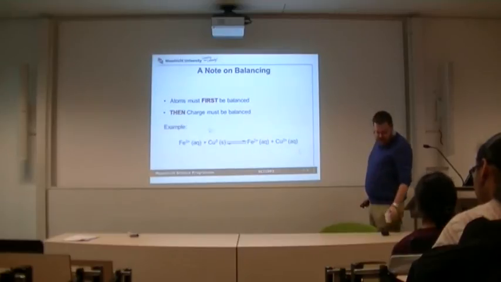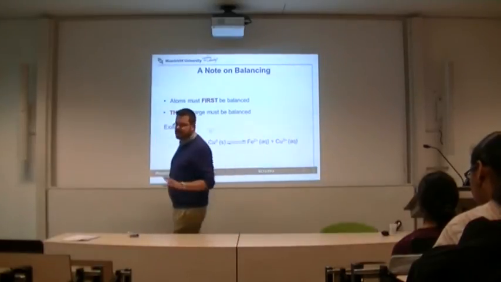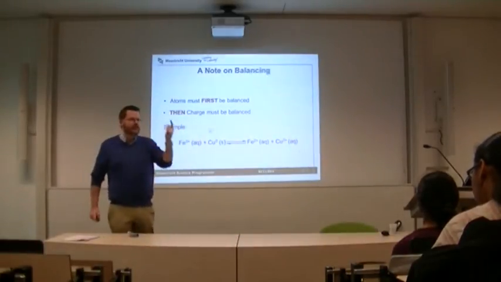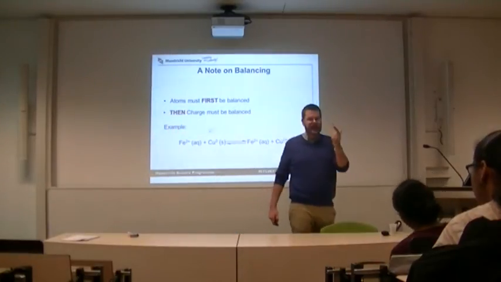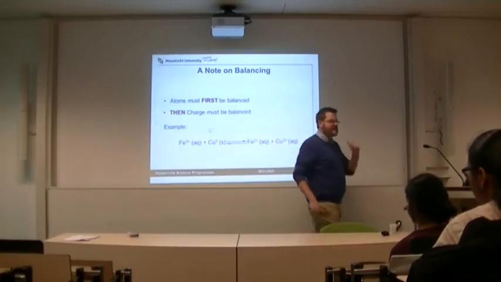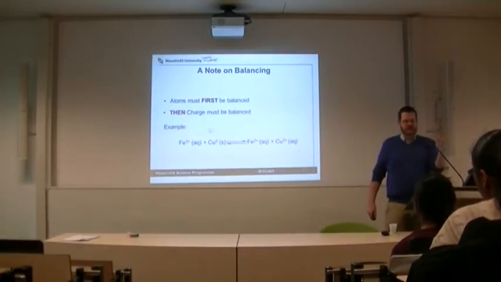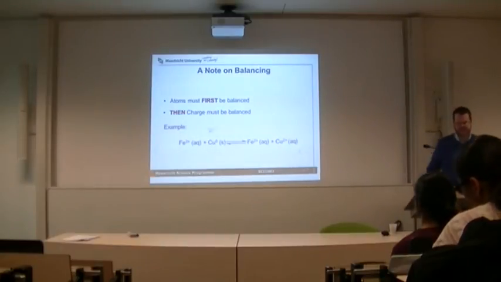All right. How do we proceed with the balancing? Well, step 1, you break it down into half reactions. Step 2, you balance each half reaction in terms of atoms, so you make sure that the atoms on the left equal the atoms on the right. Then you balance in terms of charge. And the 4th step is to make sure that for each half reaction the electrons are the same.